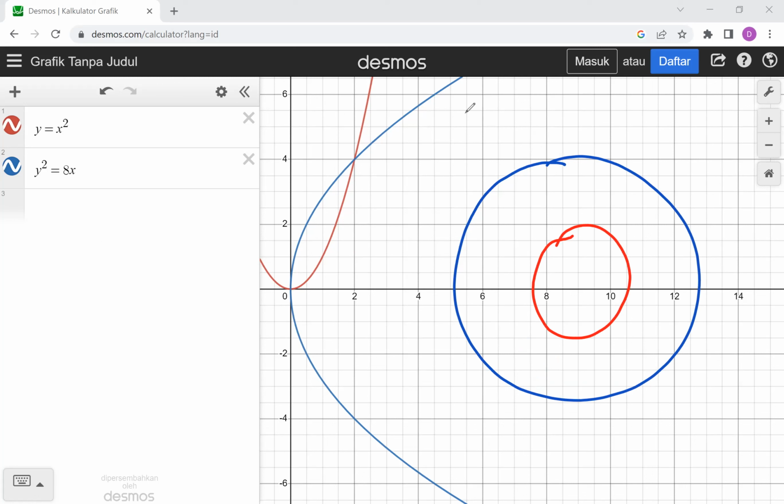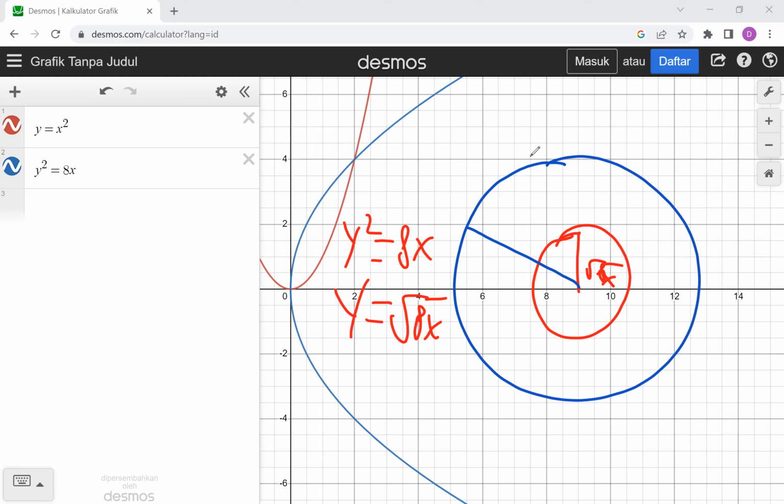The equation is y squared equals 8x, so we should write it as y equals square root of 8x. The radius of the small circle is square root of 8x, and the radius of the bigger circle is y equals x squared.